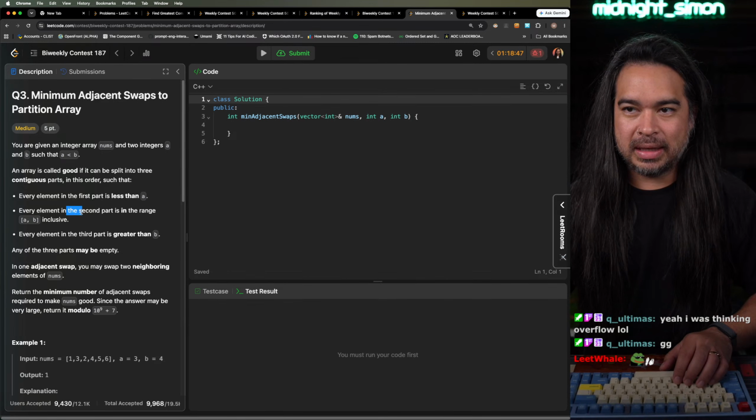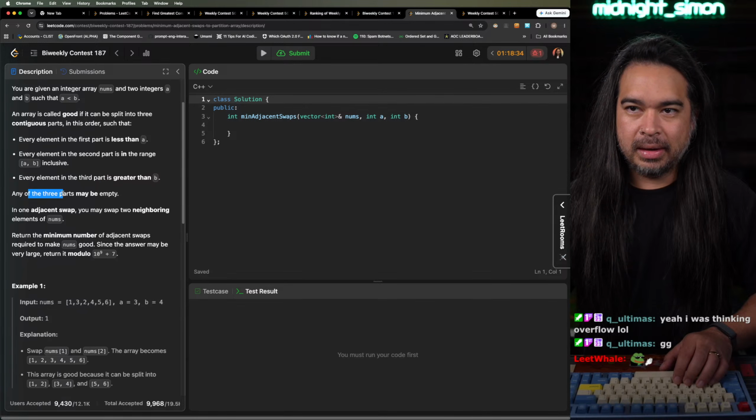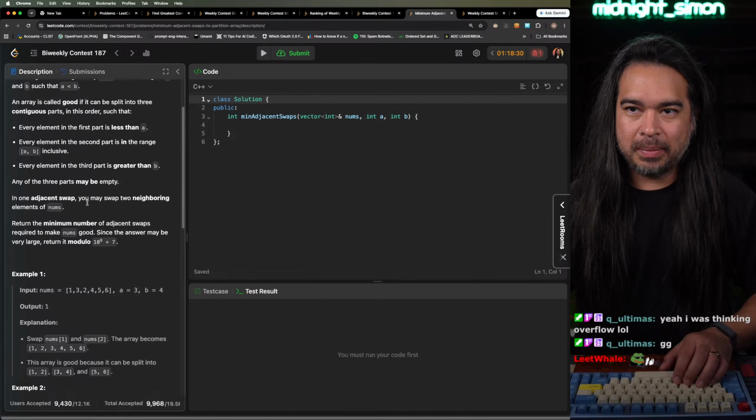Every element in the second part is in the range a to b inclusive. Every element in the third part is greater than b. Any of the three parts may be empty. In one adjacent swap, you may swap two neighboring elements of nums. Return the minimum number of adjacent swaps required to make nums good.